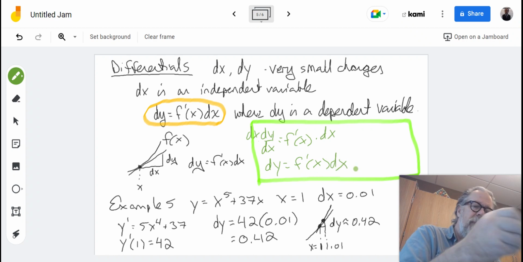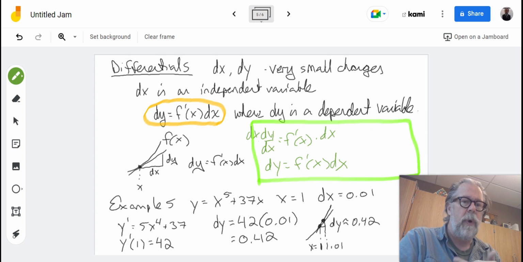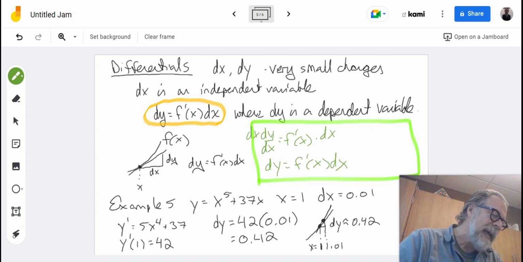You can take the derivative, shove the dx at the end of your equation. This is a little suspect mathematically because dy dx is not really a fraction. It's the rate of change of y with respect to x in the limit as change in x goes to 0, but we're going to treat it as a fraction for the purposes of this problem.